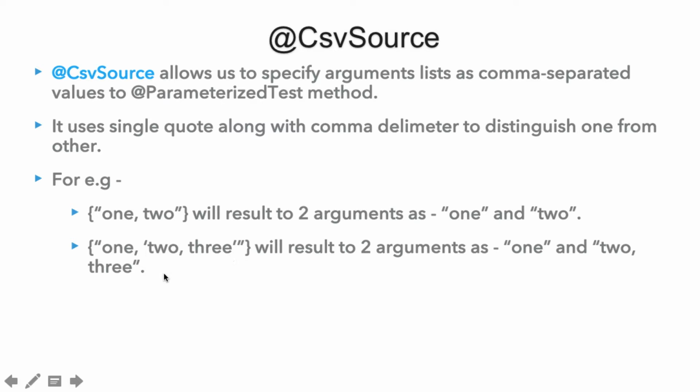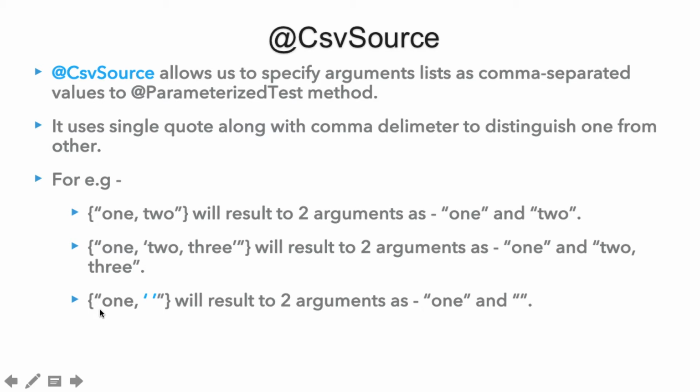Whenever @CsvSource sees single quotes, it will take it as one string, and inside the single quotes, a comma will be taken as a normal character. So this complete value will result in two arguments. The first argument will have the value 1 and the second argument will have the value 2, 3. So friends, if we want to keep a comma or space within our argument, then we can use single quotes to make it one string.